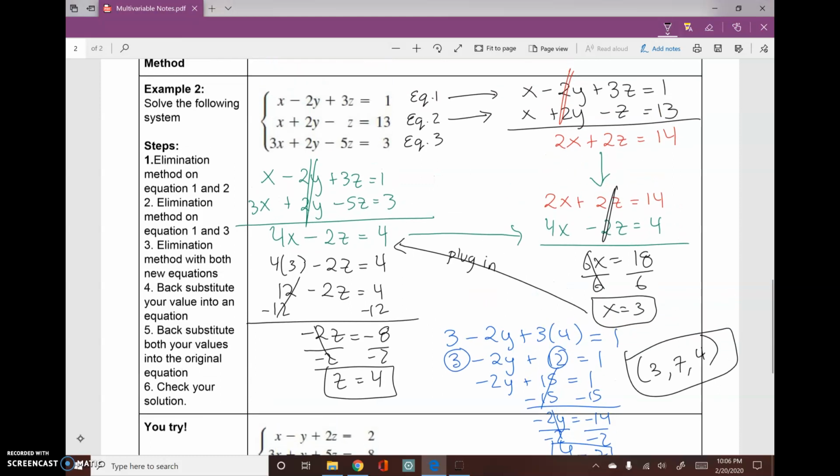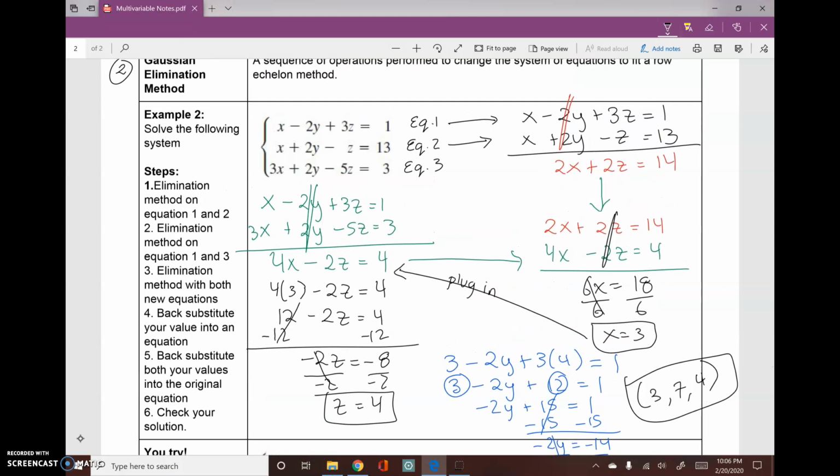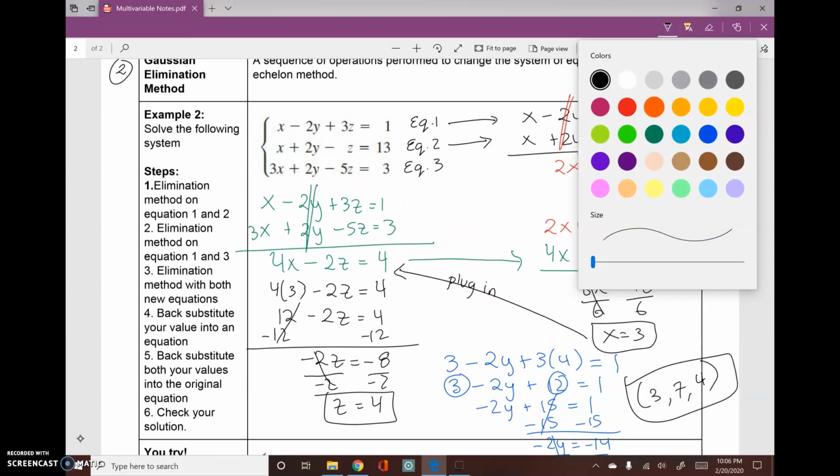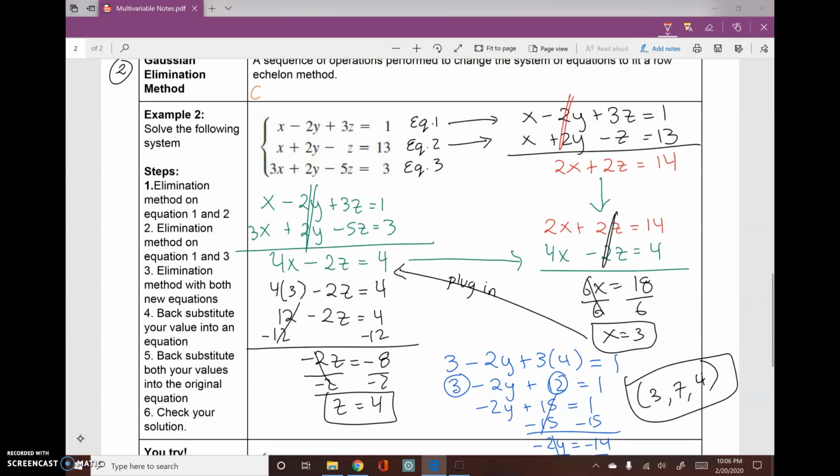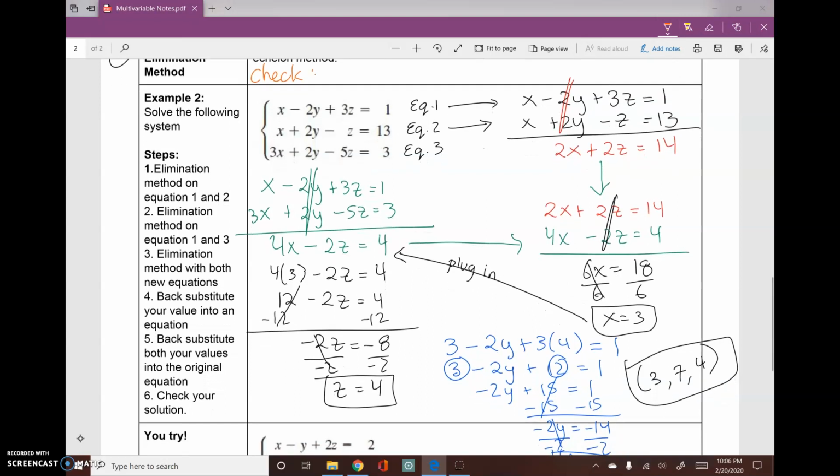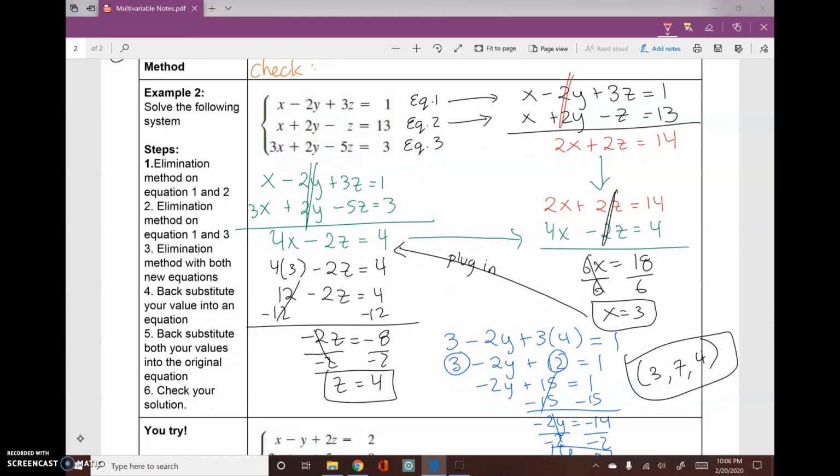But what do you always have to do? We need to check. And I'm actually going to check back up here, because I ran out of space. So I plug in 3 minus 2 times 7 plus 3 times 4. Does that equal 1?